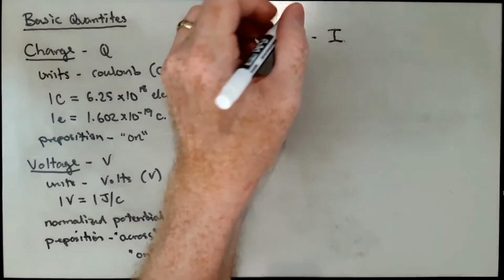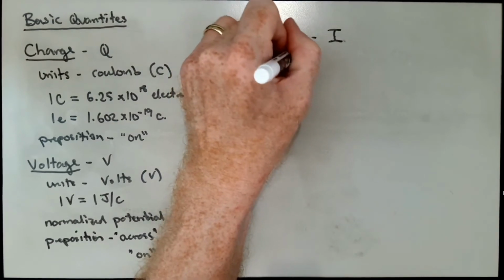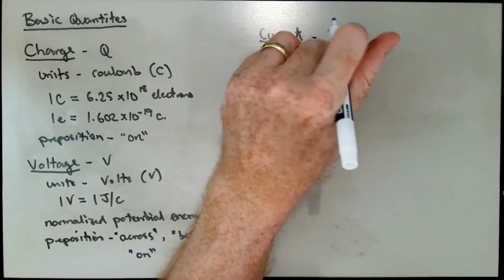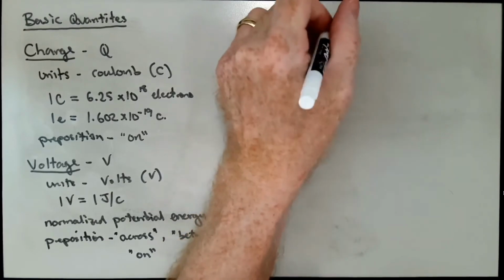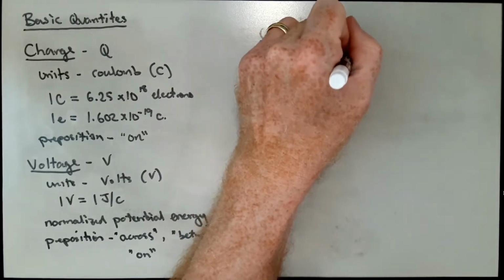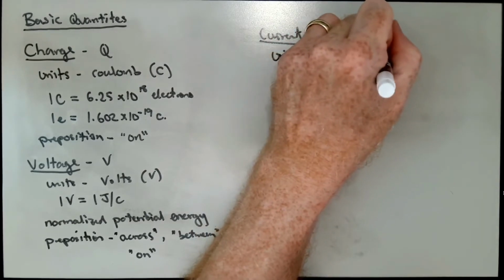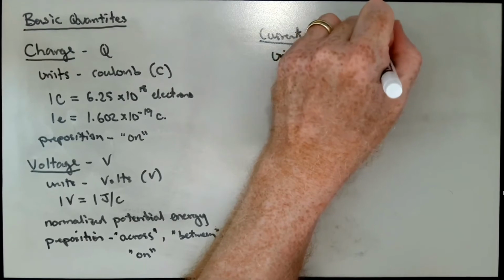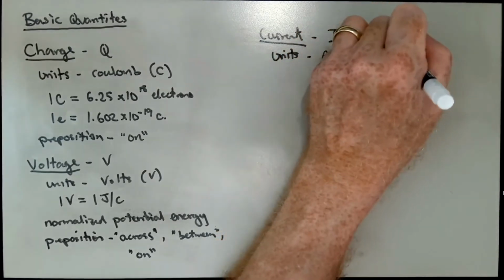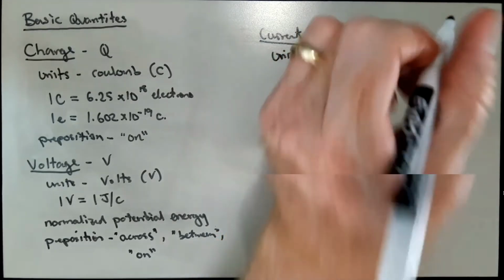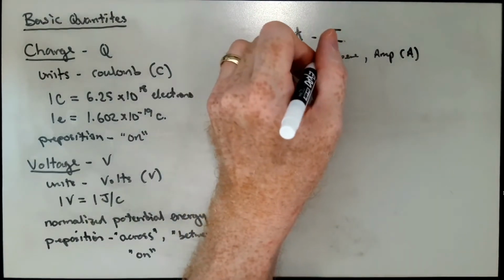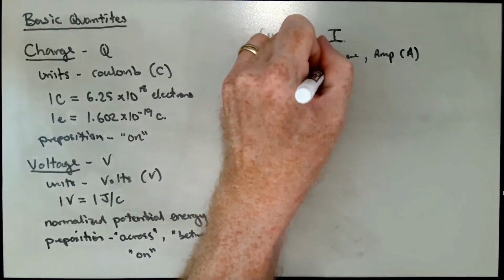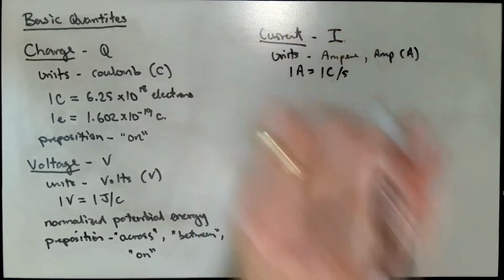And the units of current are the amps, or ampere. The unit of current is the ampere, sometimes abbreviated amps, which is denoted by A. And 1 amp is 1 coulomb per second.